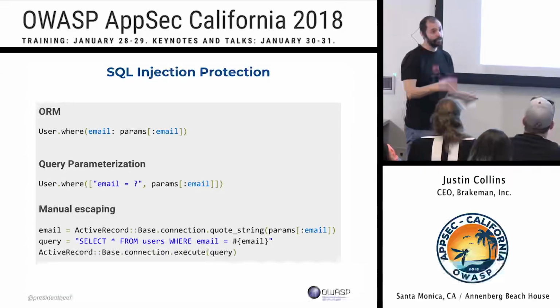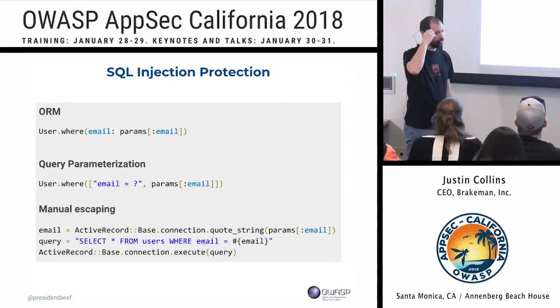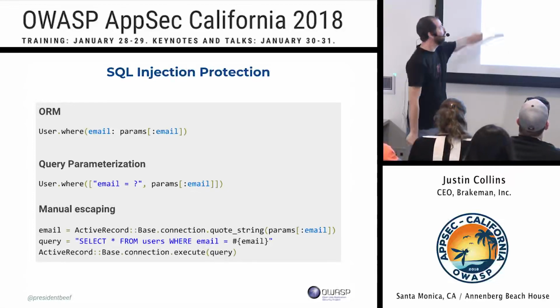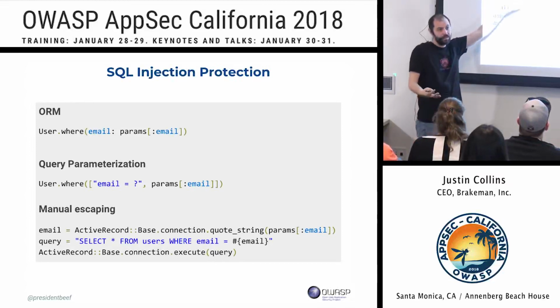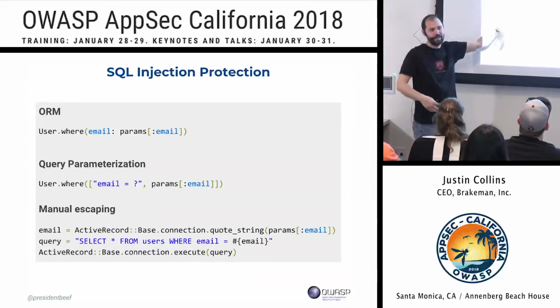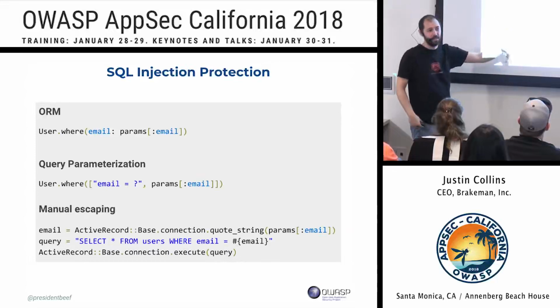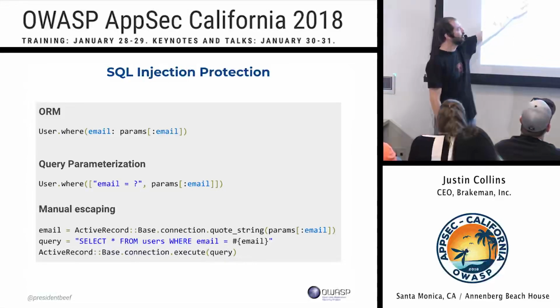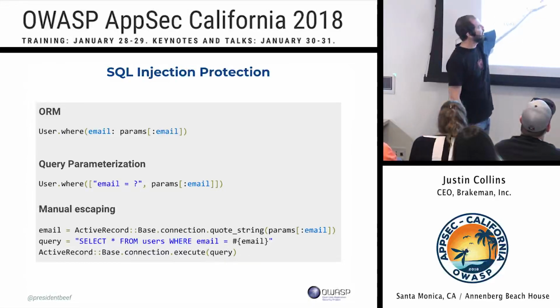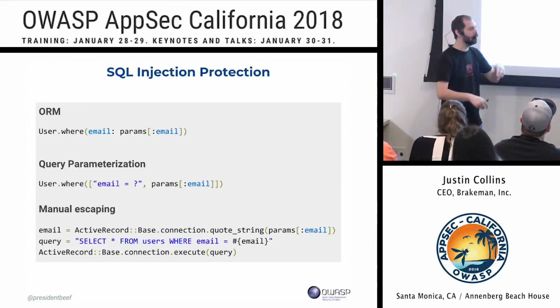That's true. But I have two thoughts on that. One, we only get query parameterization for database queries. We don't get it for templates usually, and we don't get it other places. So it's great that we have it here, but we don't get it other places. And really what happens is people get into query parameterization, and then they want to do something like a dynamic column name.